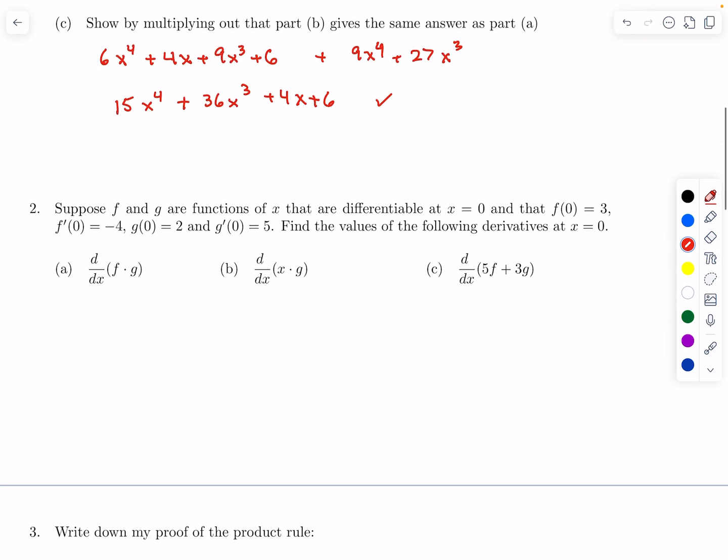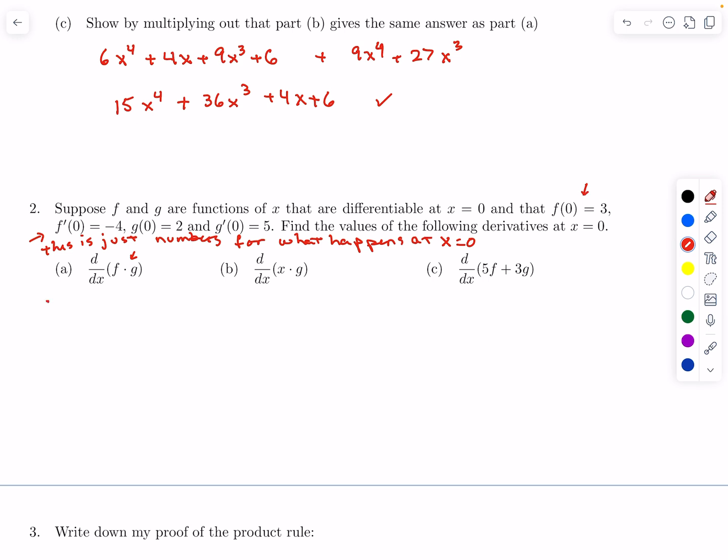Okay, so product rule. I'm just telling you numbers instead of functions. And also notice, don't forget f of 0 is given also.